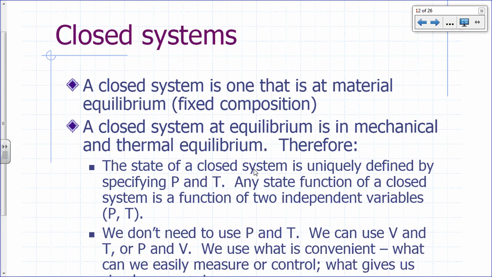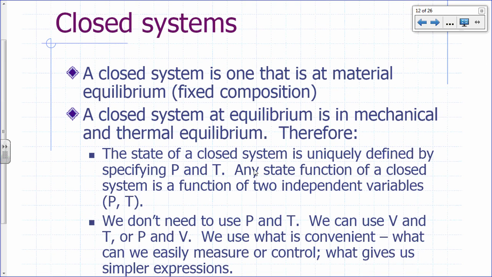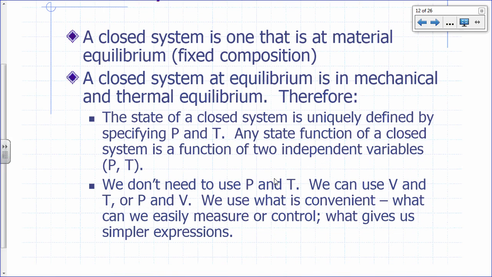Okay. Let's take a look at closed systems. A closed system is one where the system is at material equilibrium. It's got a fixed composition. We don't want to worry about changing compositions, okay? And so we're just going to have two independent variables in this case. So we're going to limit ourselves for the time being to systems that don't have any physical or chemical changes going on, okay?